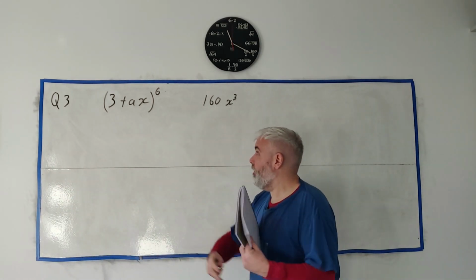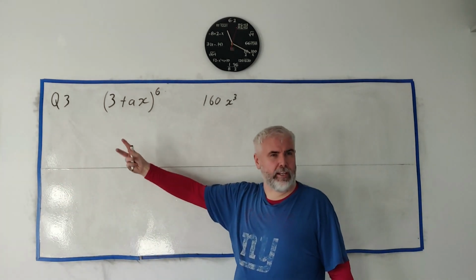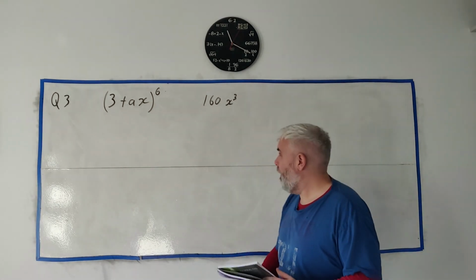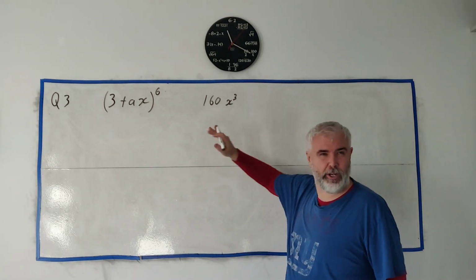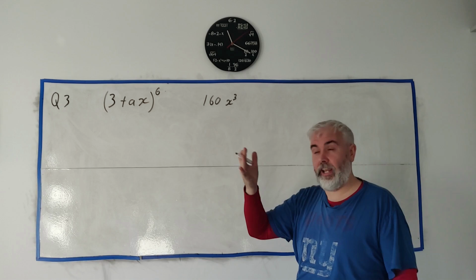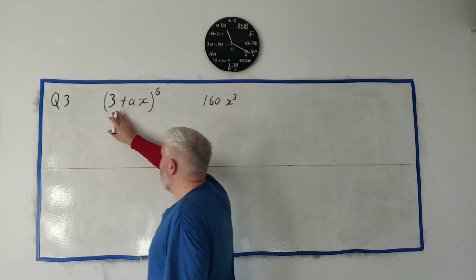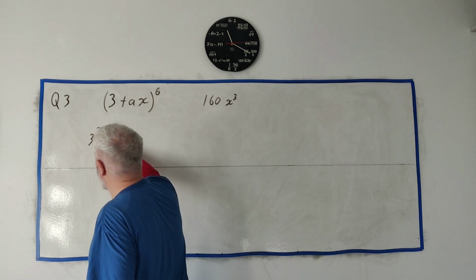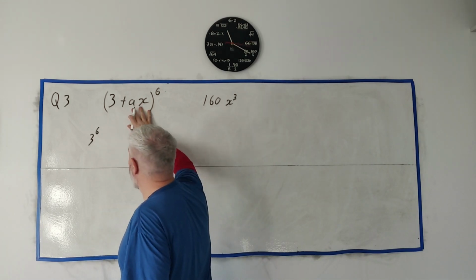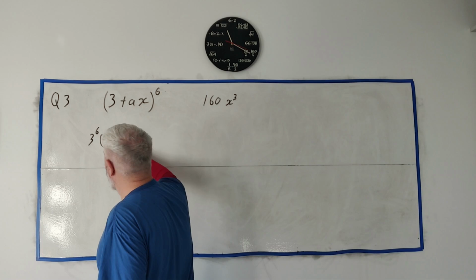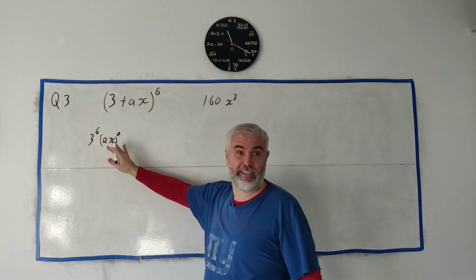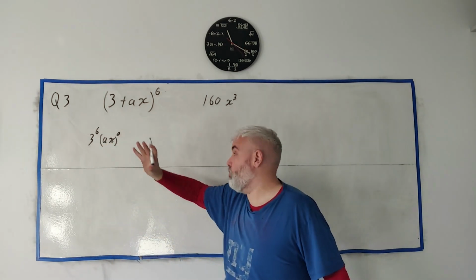I can expand all of this out quite quickly, or even just some of it out. I just need the third term, but I'm going to do the first 3, or I guess first 4, because the first term is a 0 term. So expand this out. The first term, 3 to the power 6, multiplied by ax to the power 0. You don't have to write that one down. Anything to the power 0 is just 1.